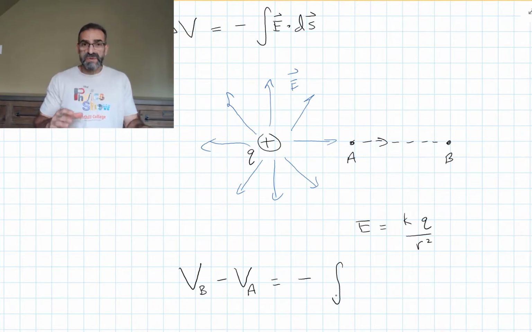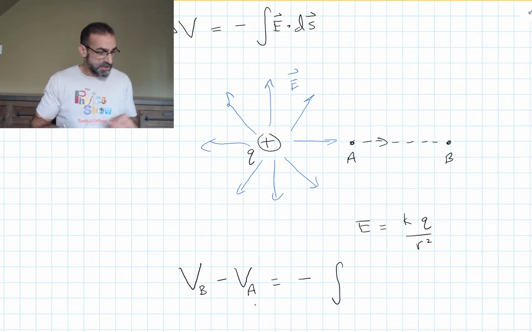Now I'm going to try really hard to get my minus signs correct, because if you do everything properly, this will give you the right sign for the delta V. But sometimes it's a little tricky. So I always tell my students, try to get the minus signs right. But in the end, just think about it for a second and make sure you got it right. And if you didn't, fix it at the end. So that's what I'm going to do here.